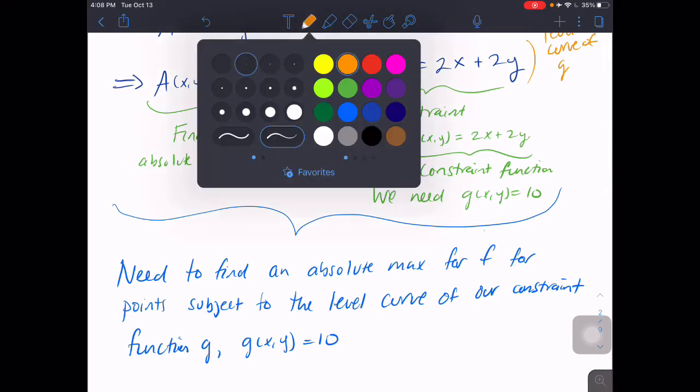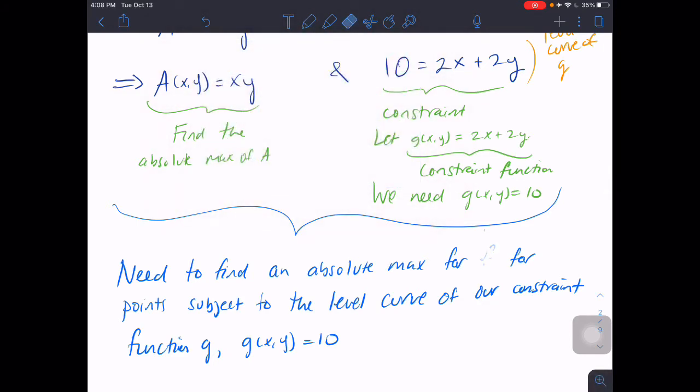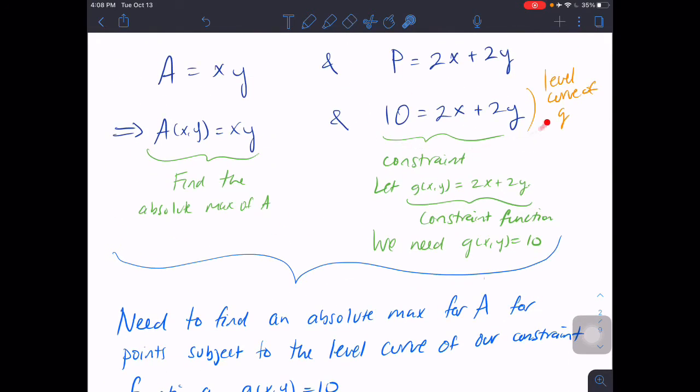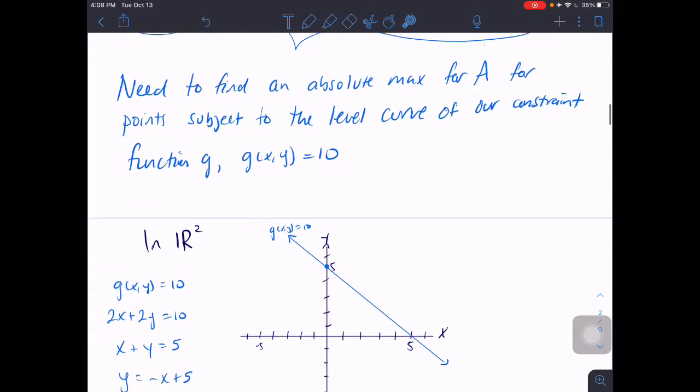I put f here, it should be A. For my function A, for points subject to the level curve of our constraint function g, such that they satisfy this equation, okay? And if we graph this equation and think of it as a level curve of the function g, the graph of it is going to live on the xy plane, right?